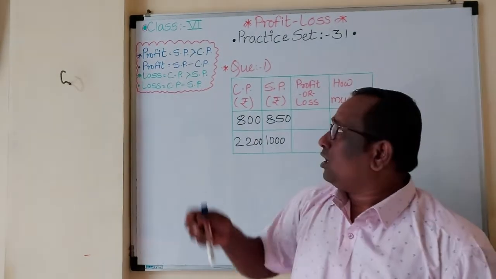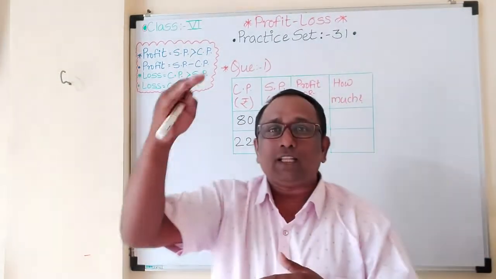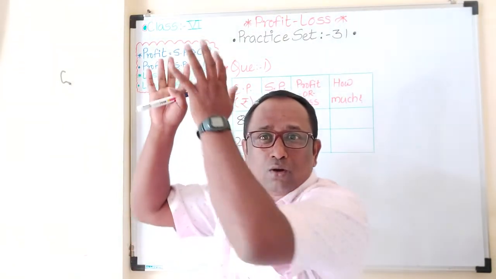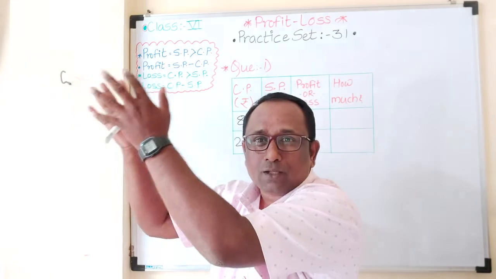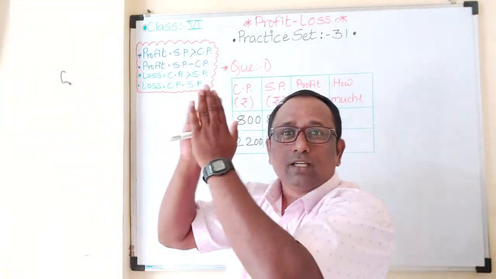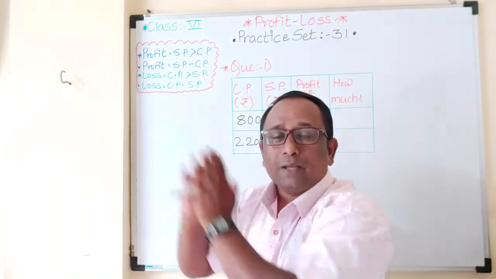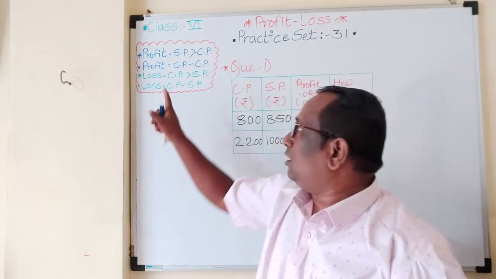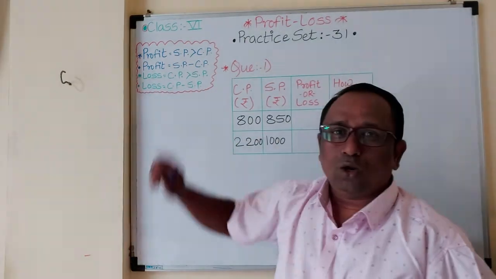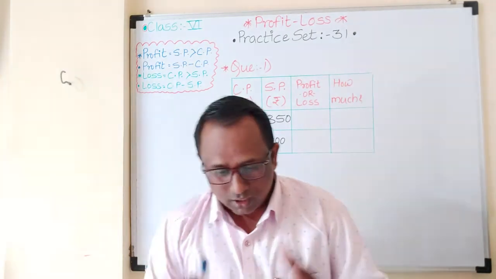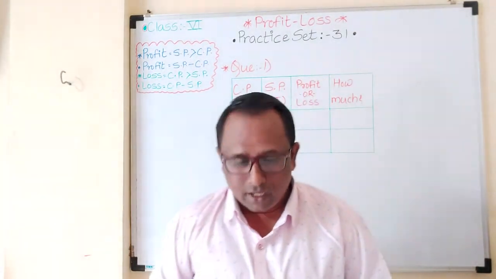And when cost price is greater than selling price, that is, whatever we buy is the cost price and when we sell it, CP is greater than SP, then we get loss. All these are simple things. We'll solve examples, then we'll get a better idea.